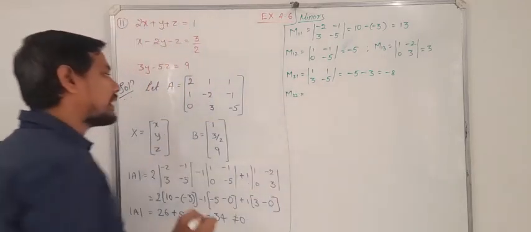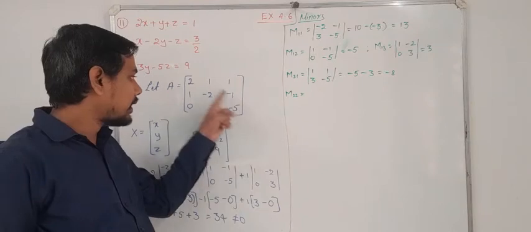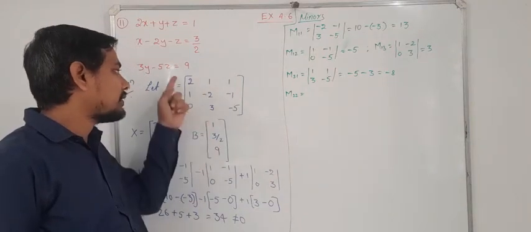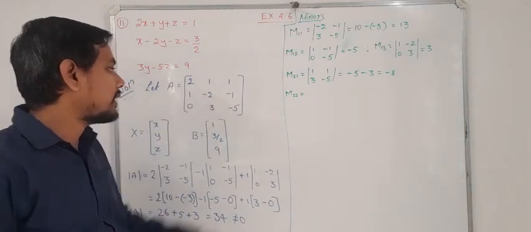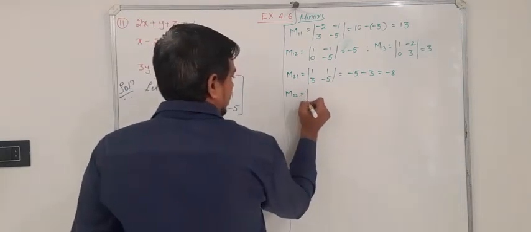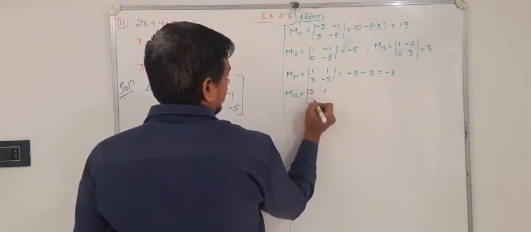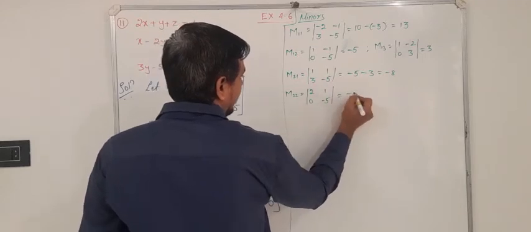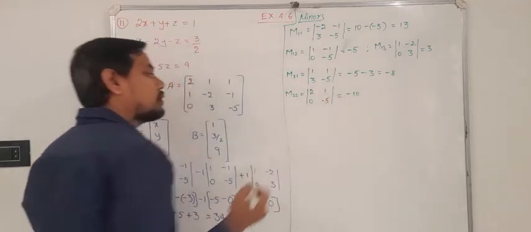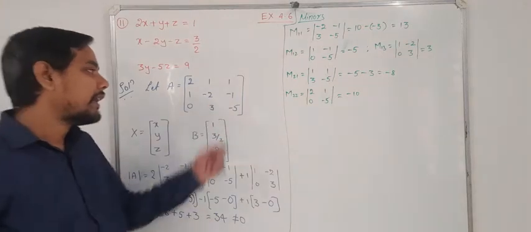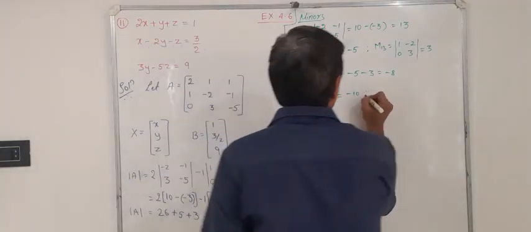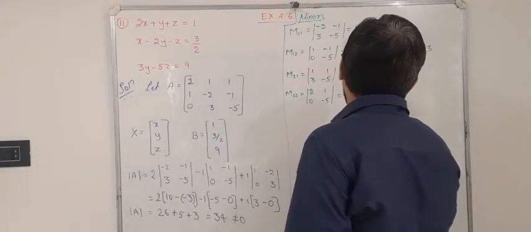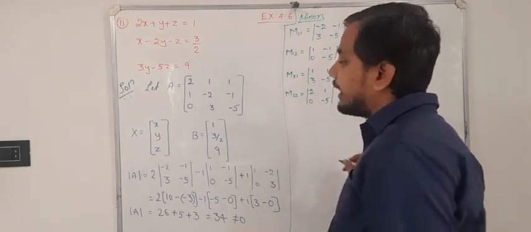M22 is minor of A22. Leaving this row and this column containing A22, what is left? 2, 1, 0, minus 5. So 2 into minus 5, minus 10. And 0 is 0. Leave it. And M23, minor of A23.